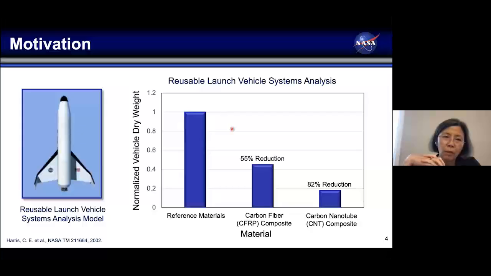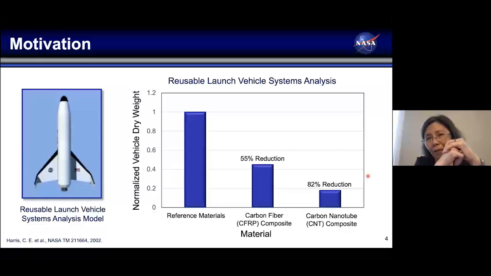The systems analysis that was done then was based on a reusable launch vehicle model. This plot is just a normalized vehicle dry weight. If the reference material has a mass of 1, carbon fiber composites were projected to reduce mass by 55%. And considering the nanoscale properties of carbon nanotubes, their projection at that time was an 82% reduction in mass.